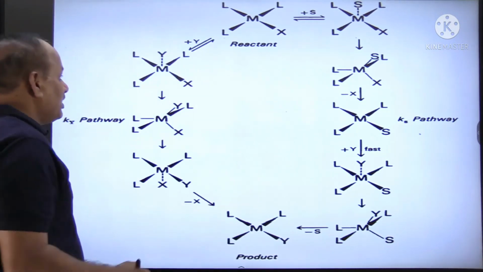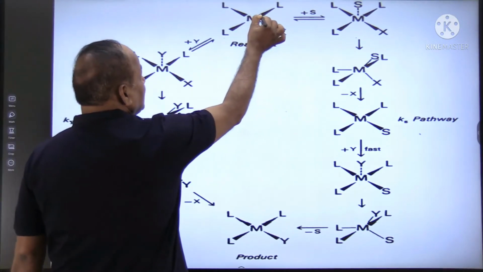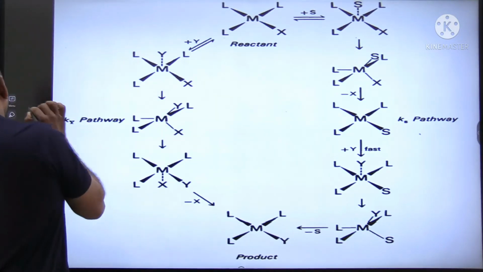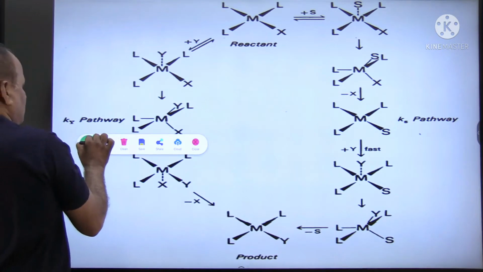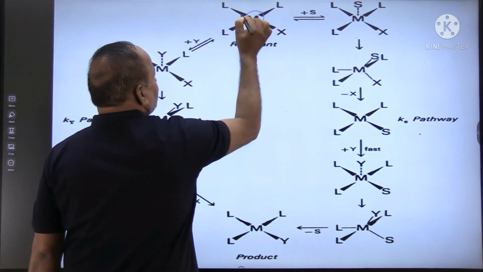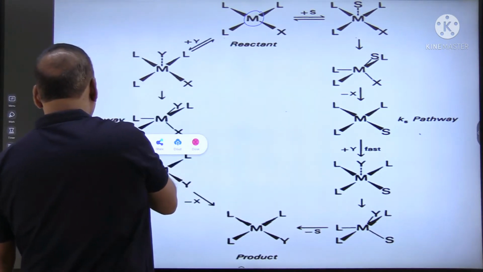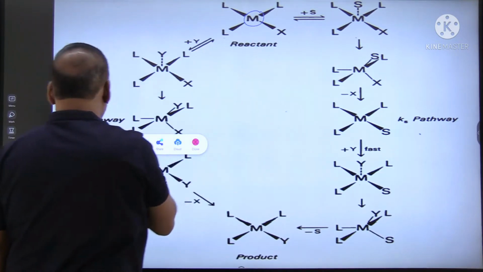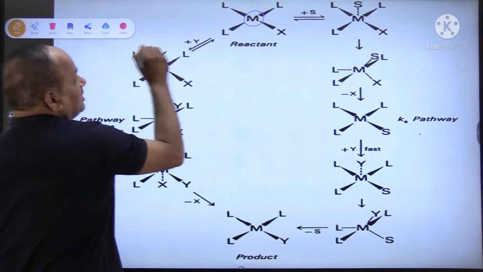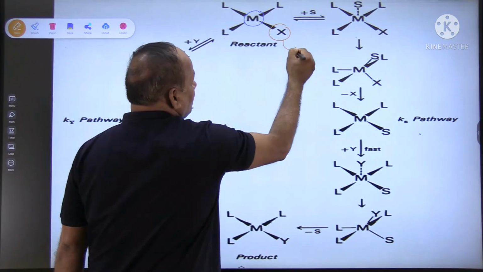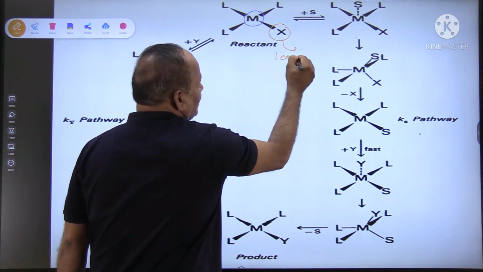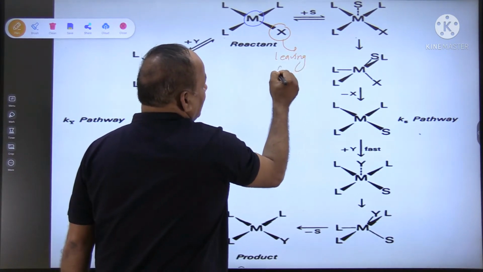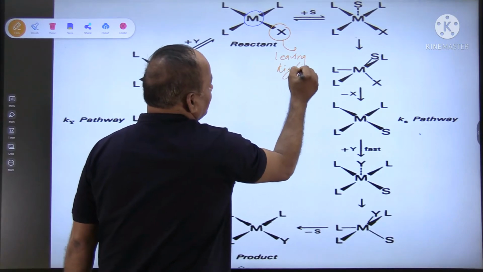Here you consider the metal, which is platinum, and X is the leaving group or leaving ligand.